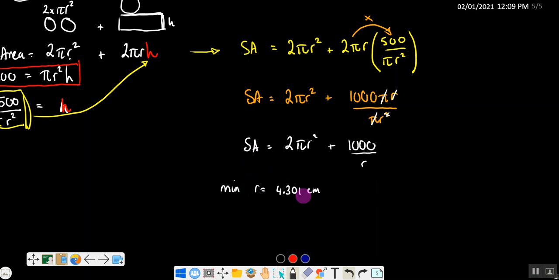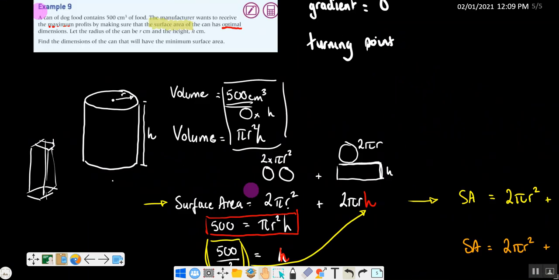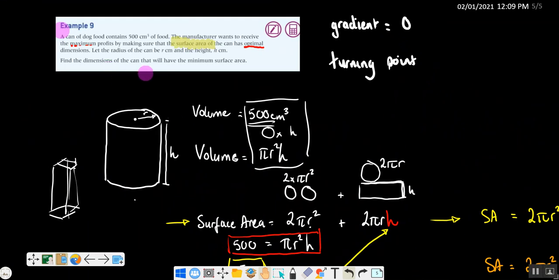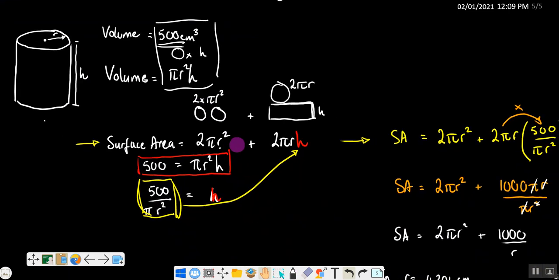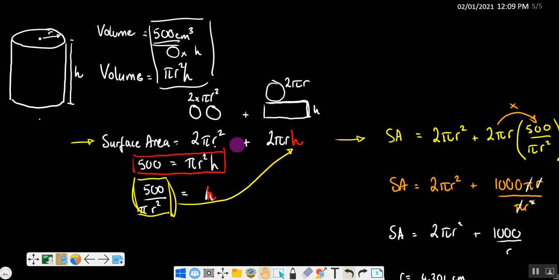Let's just go back to the question. Have we answered the question? The question is, find the dimensions of the can that will have the minimum. So, well, I found r, but from my diagram, I can visually see I still need h. So how can we figure out h? Which one? Good.